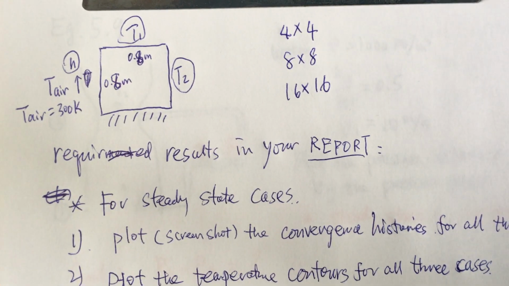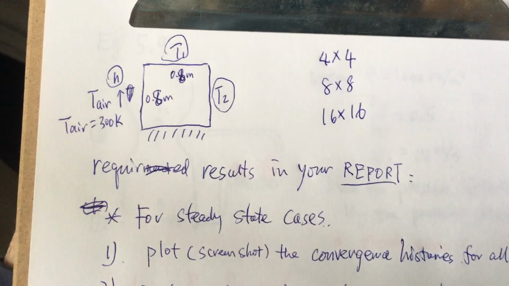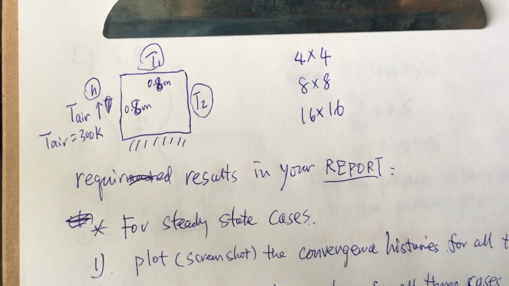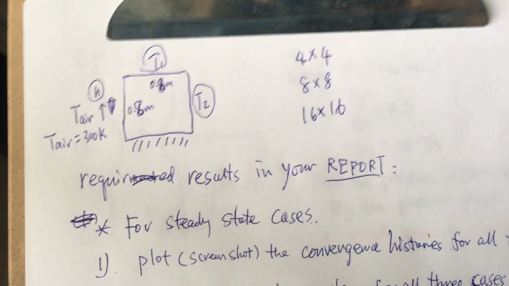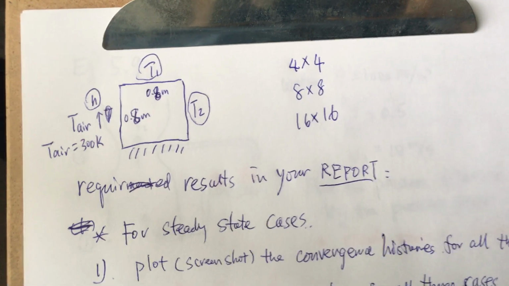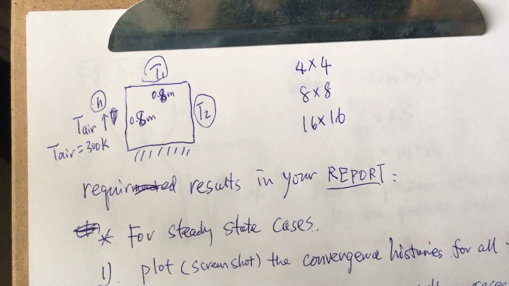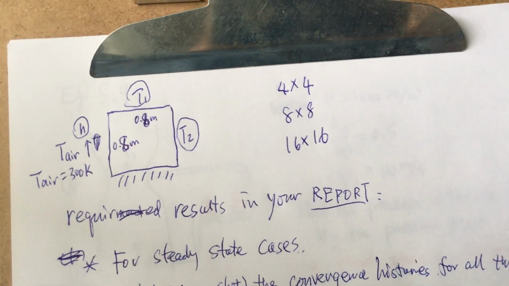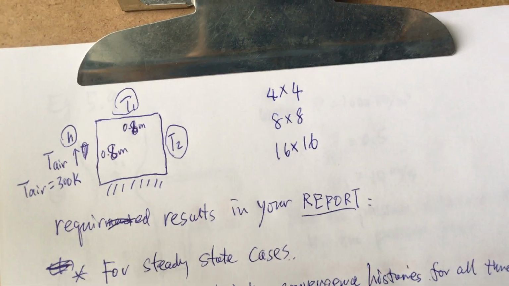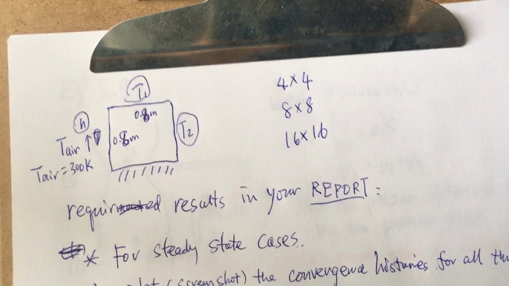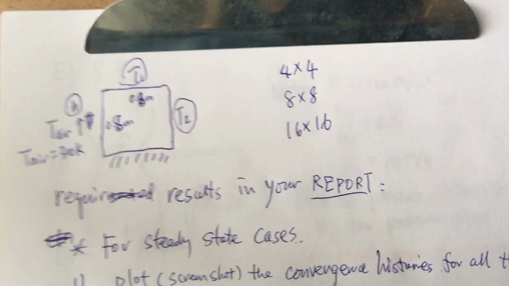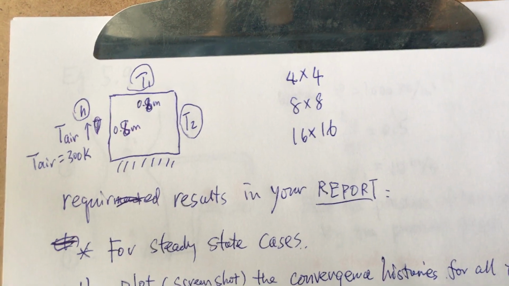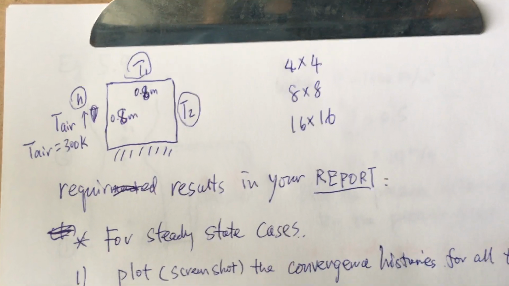I say mesh, which is actually the same as grid. 4x4 means there are 4 grid cells along each dimension, so 4 blocks. In that sense you will have 5 grid points, cross sections, 5 corner points. So 4x4 means the number of grid cells. Same thing for 8x8 and 16x16.